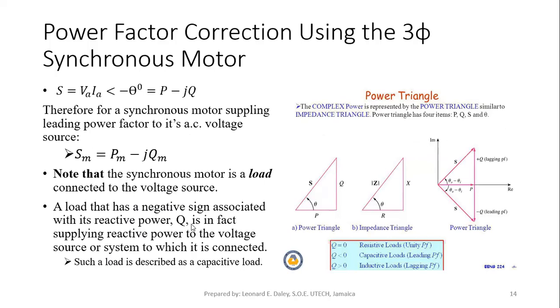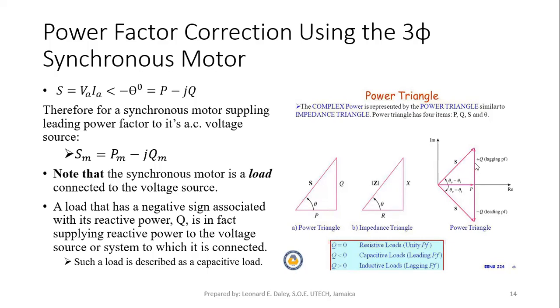Now, a load that supplies reactive power would be a capacitive load, right? And see, we have the power triangle here. So this triangle here would be for a lagging power factor load. All right. And notice the similarity with the impedance triangle. For the same system, the angle theta would be the same for both the power and for the impedance.